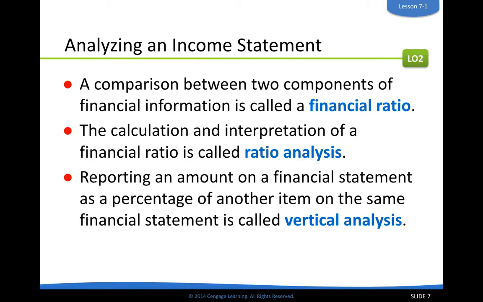As you might expect, we're going to eventually get to horizontal analysis in future chapters, future sections. So a vertical analysis is when we're comparing numbers to numbers within the same financial statement from the same financial period. So that is section 7-1.